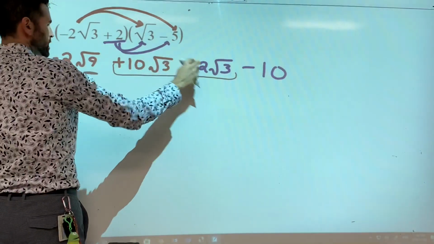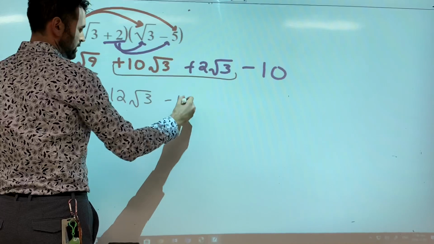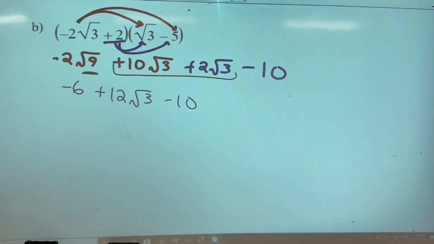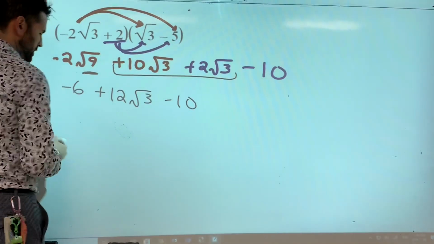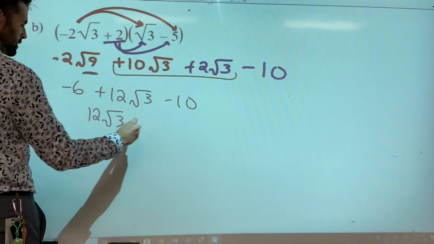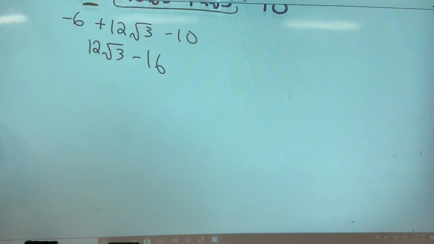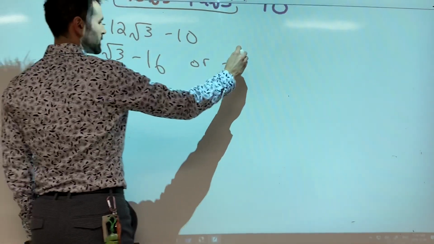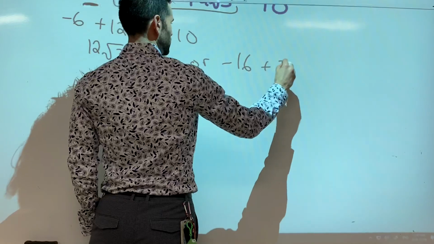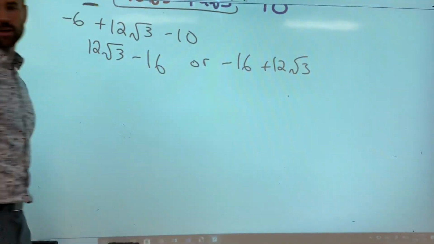I can go 10 plus 2 and get 12 square root 3. We copy the negative 10. And then negative 6 subtract 10 is negative 16. So as long as you have a negative 16 in here somewhere, that's good. Again, just a reminder, you could have written it like this. Either answer is fine.